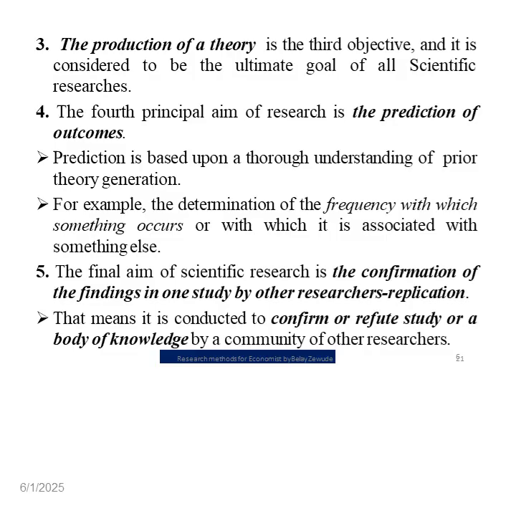The fourth principal aim of research is prediction of the outcome. This is also an objective of research. Based on the previous and the present, we can predict what will happen in the future. Prediction is based on an understanding of prior theory generation.